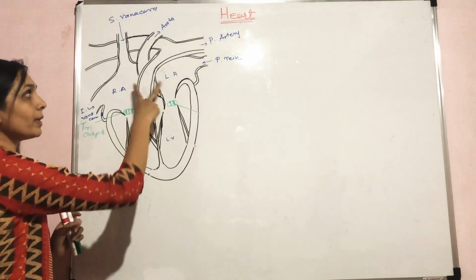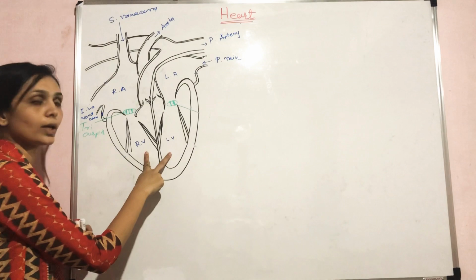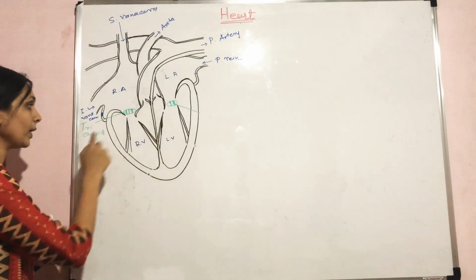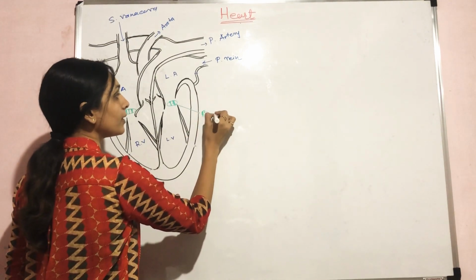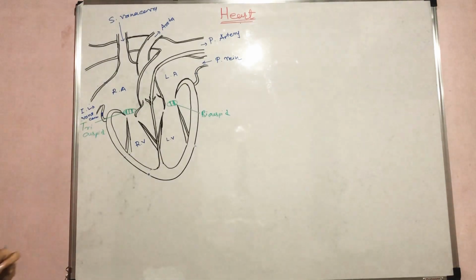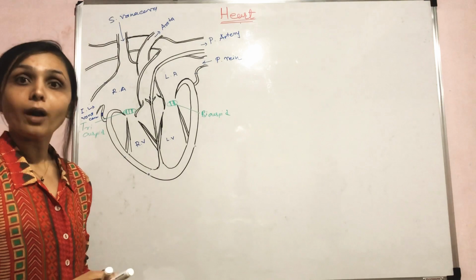The 2 upper chambers are known as the right atrium and left atrium, and the lower ones are known as ventricles. There is a valve in between, tricuspid, and the other is bicuspid, right?